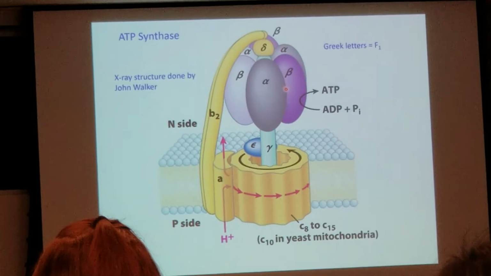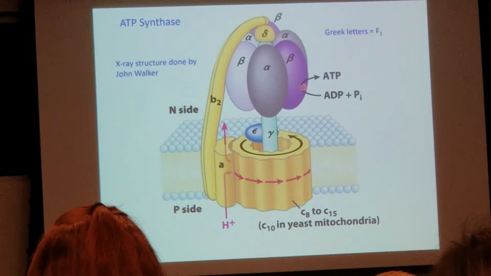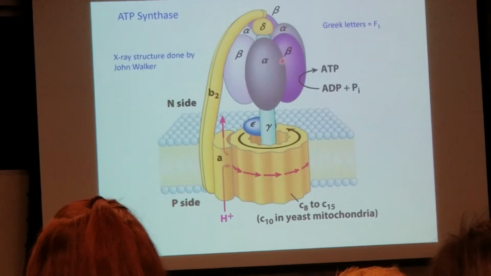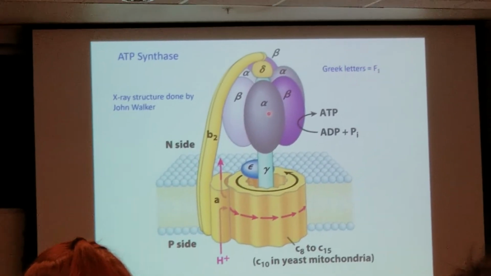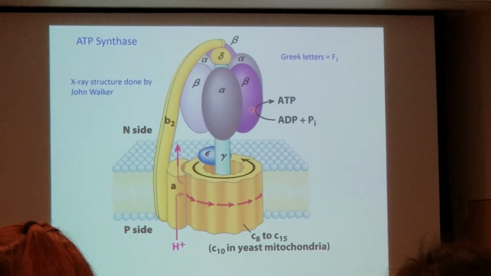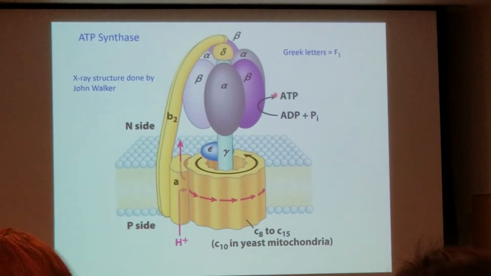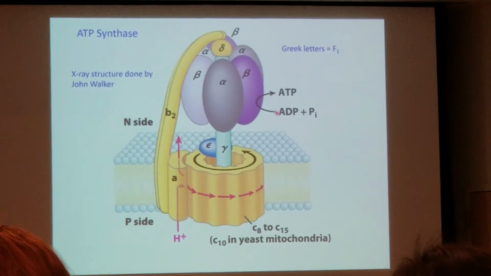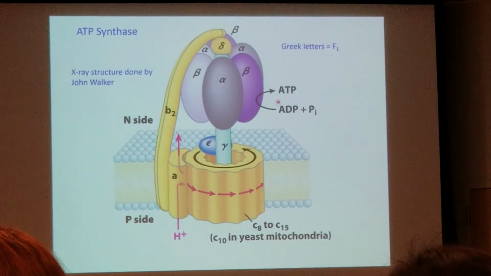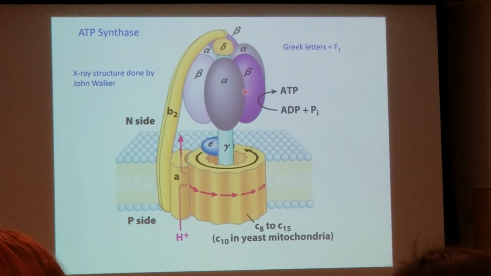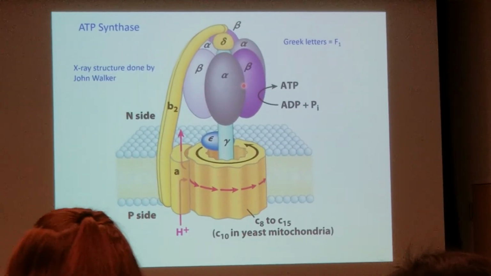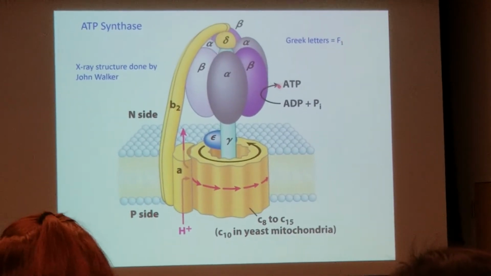And right here, I shouldn't have drawn this arrow out here. Right in this crevice between the alpha and the beta subunit is an enzyme active site that can synthesize ATP. So ADP diffuses in, inorganic phosphate diffuses in, and boom, right here is an enzyme active site, and it transforms that into ATP.